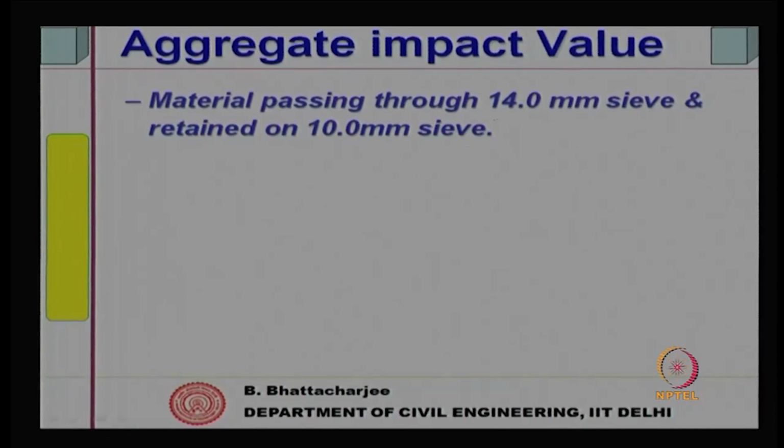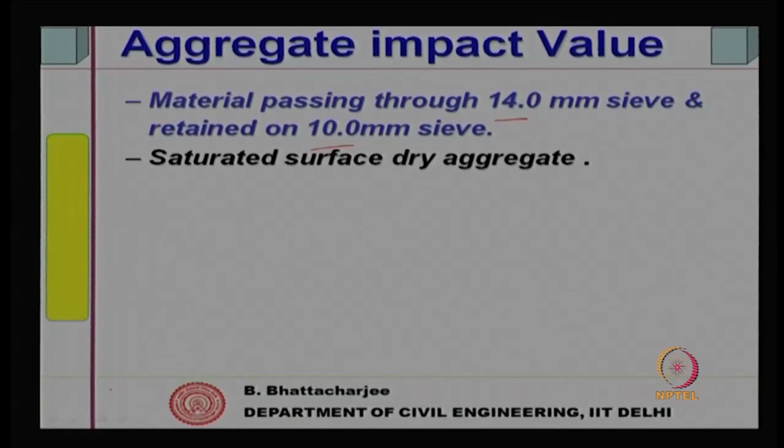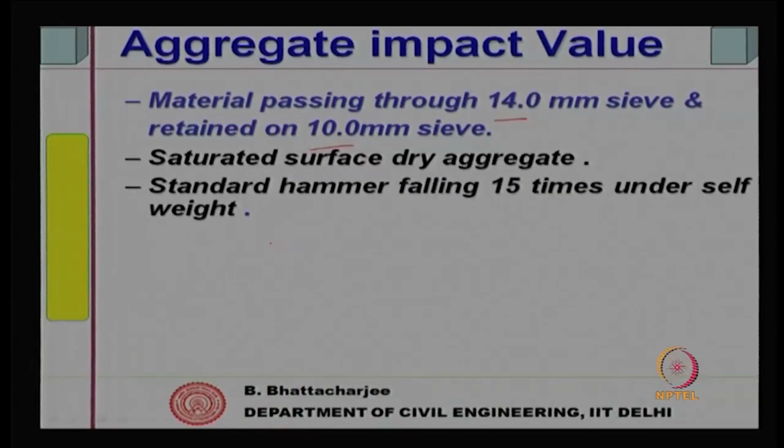You take material passing through the 14 millimeter sieve and retained on the 10 mm sieve, all these are specified quantities, etc. The aggregate should be in saturated surface dry condition, and the only thing is you have a standard hammer falling 15 times under self weight.